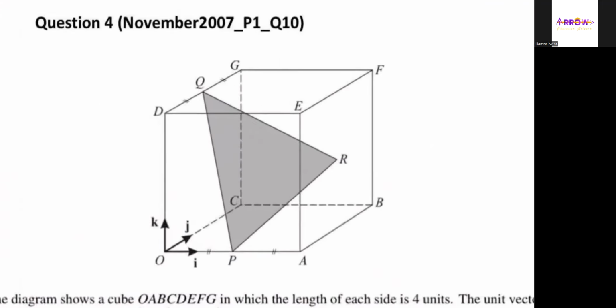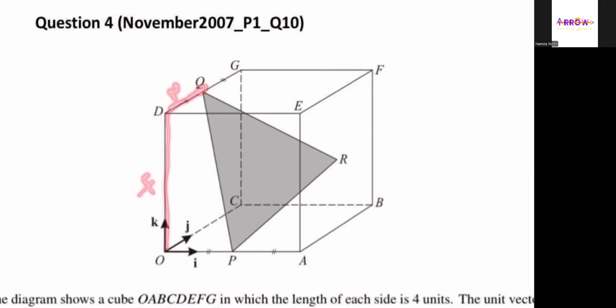First you observe OQ. In order to move from point O to point Q, in the K path, you will go 4 units since the cube has a length of 4 units, and each side is equal. And then in the J path, you are just going to cover 2 units, because Q is the midpoint of DG as per the information of the question. So this distance is 2 units.